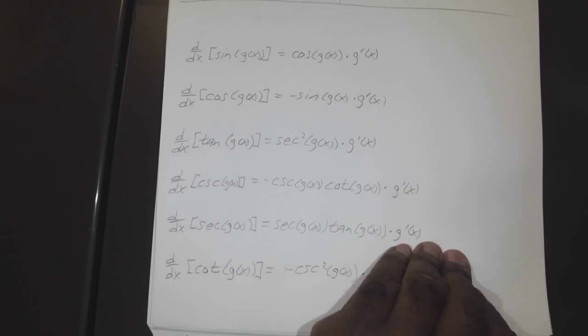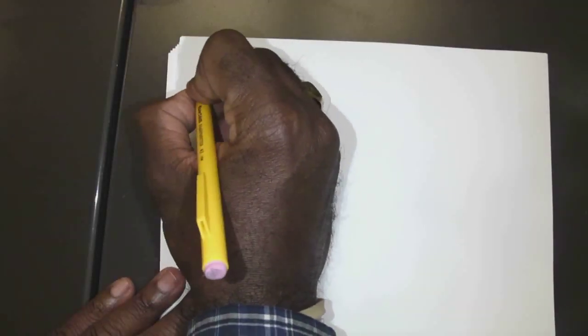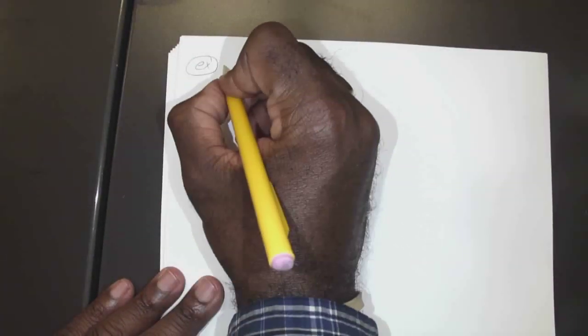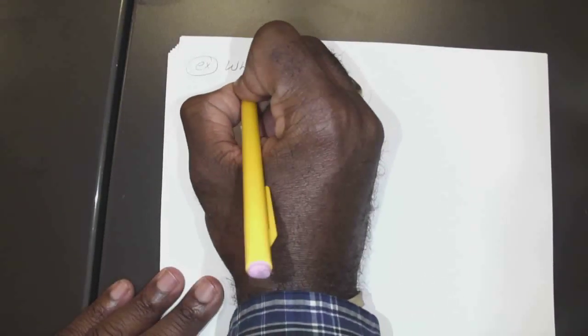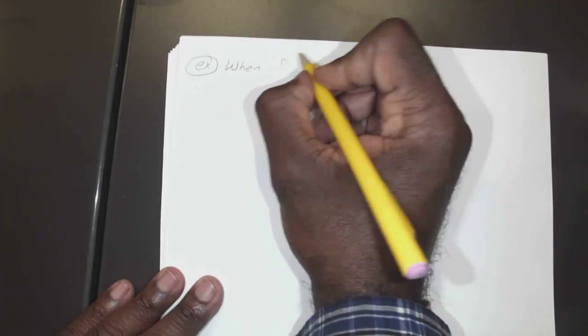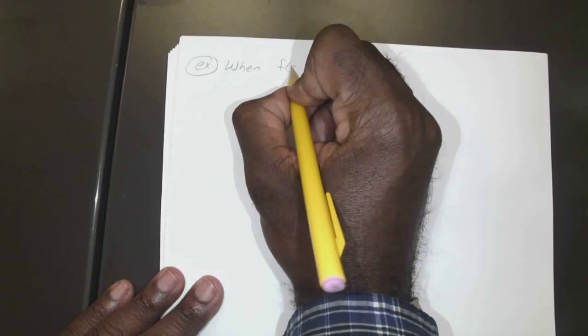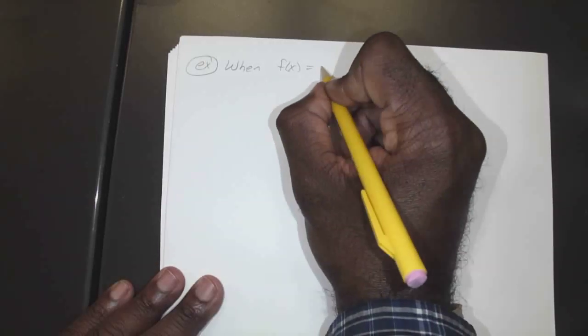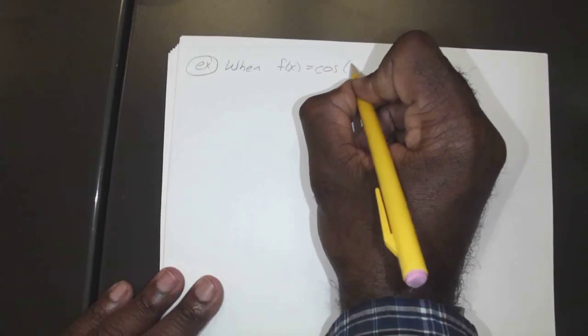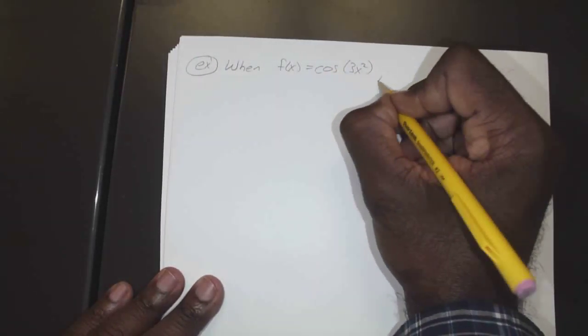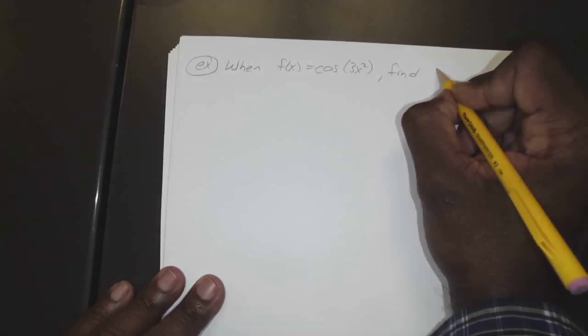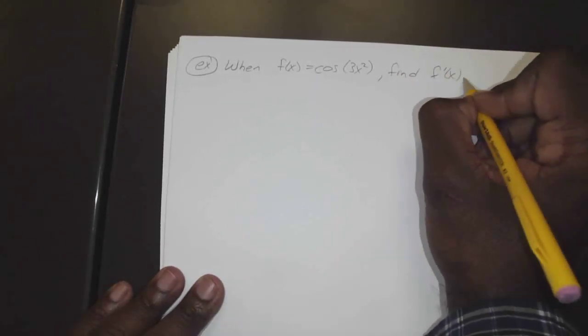All right, so let's do a quick example of this one. Let's say f of x equals cosine of 3x squared, find f prime of x.